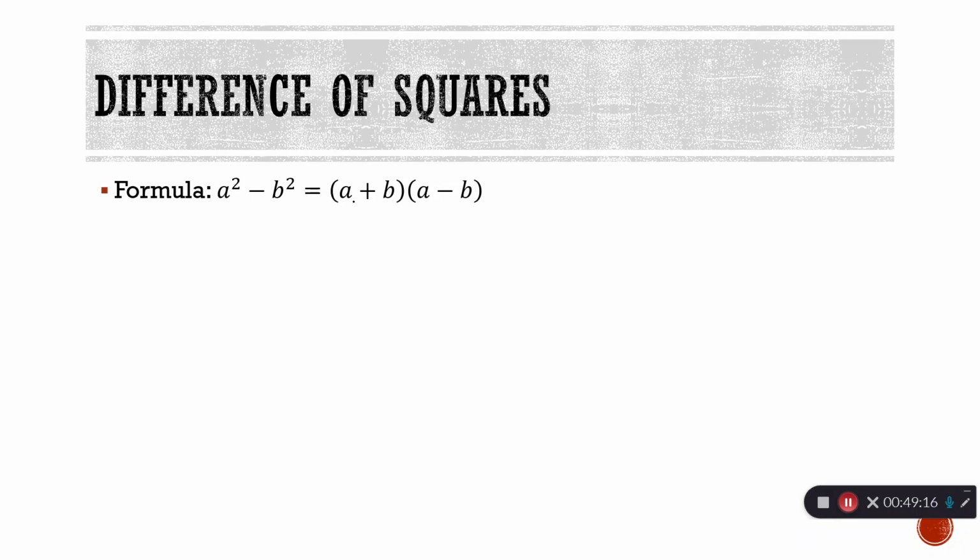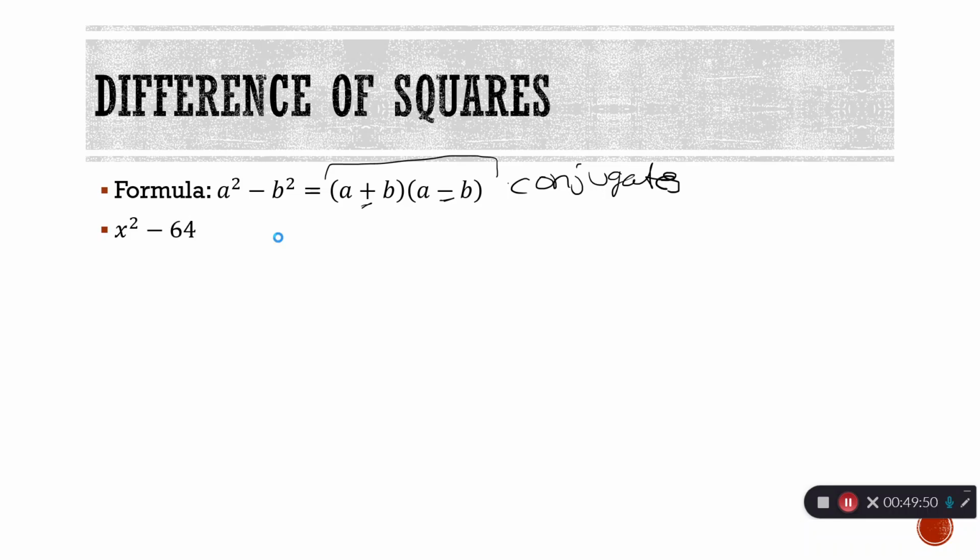That was when you had these things right here, called conjugates, A plus B and A minus B. When you multiply these out, the middle terms, the B, cancel themselves out. So we end up with A squared minus B squared.